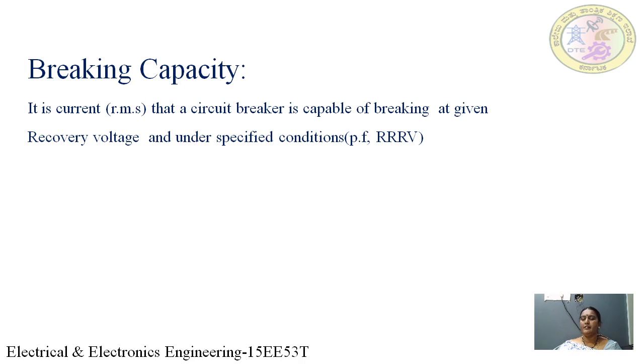It is the current that a circuit breaker is capable of breaking at a given recovery voltage and under specified conditions. The conditions we take into account are the power factor and the rate of rise of recovery voltage.